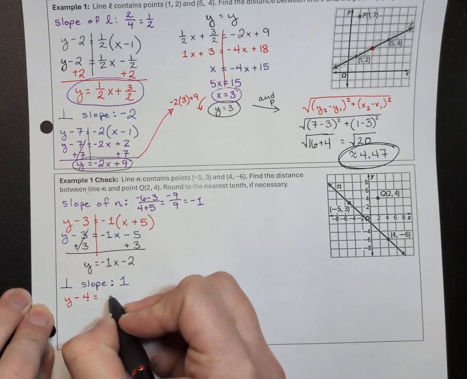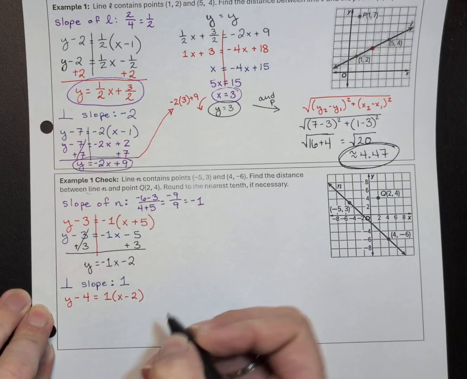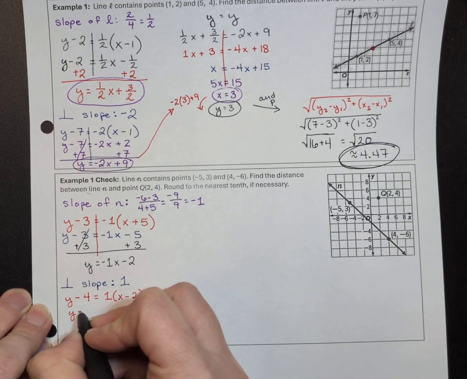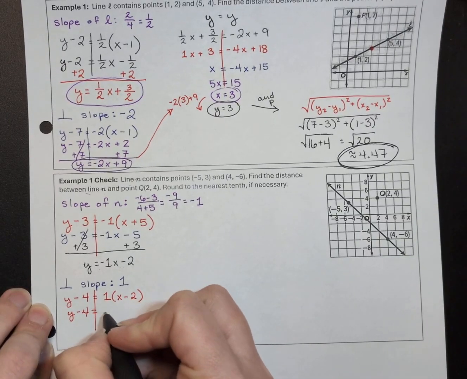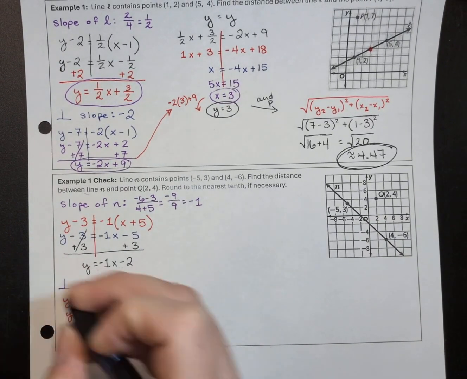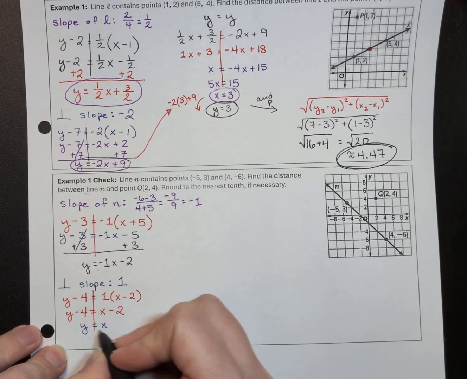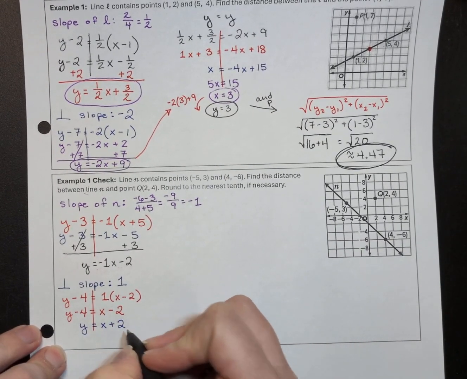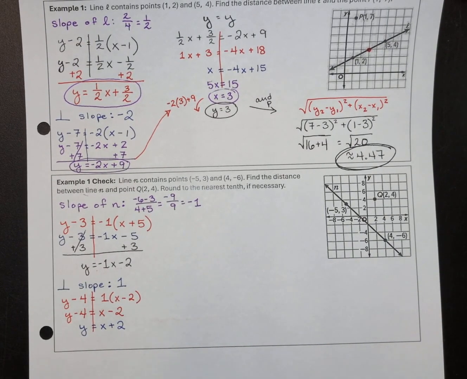So y minus 4 equals... You picked up the calculator. So you should get y equals x plus 2 for the second equation, right?